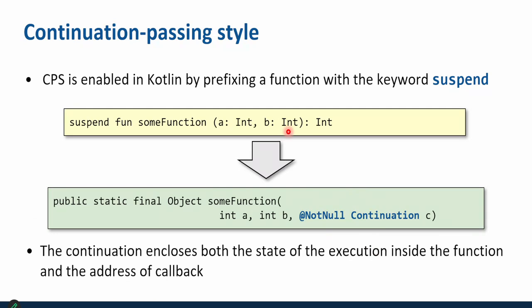The compiler will add this continuation object as a last parameter to your suspendable method. So suspend is basically translated into adding a continuation parameter at the end of the method.